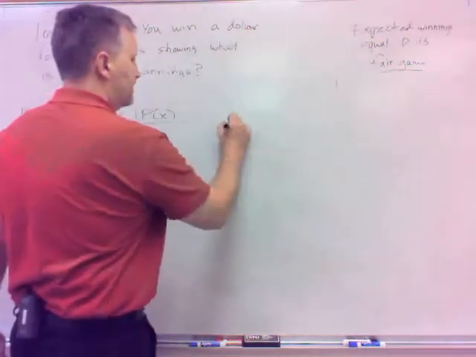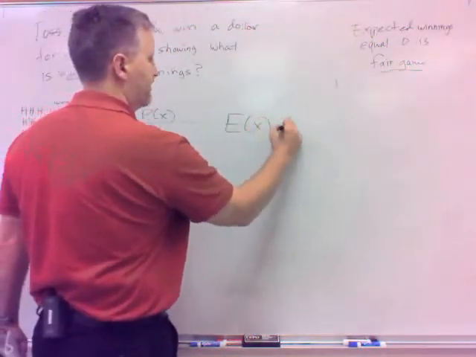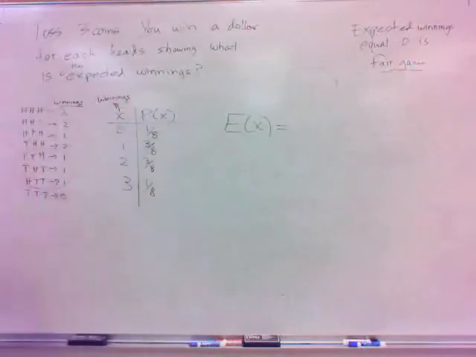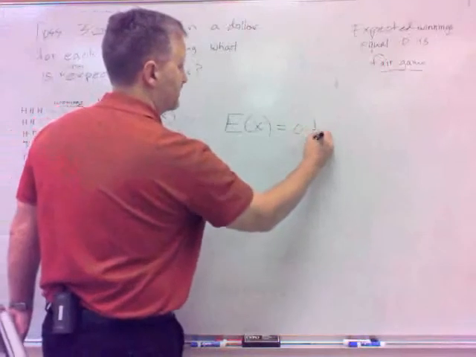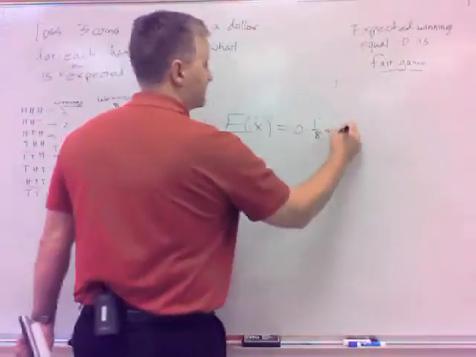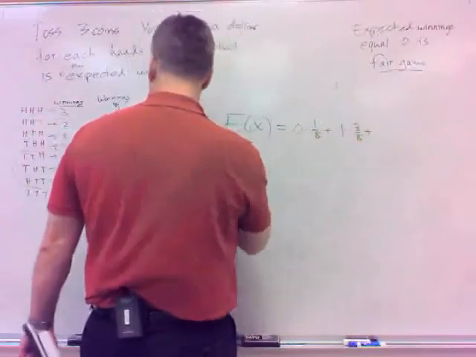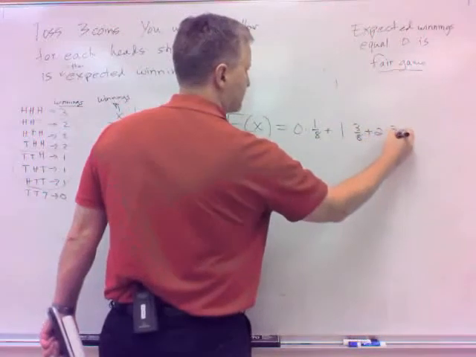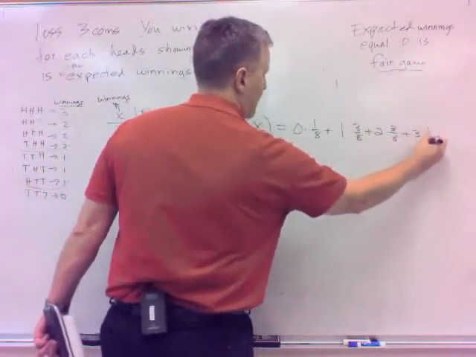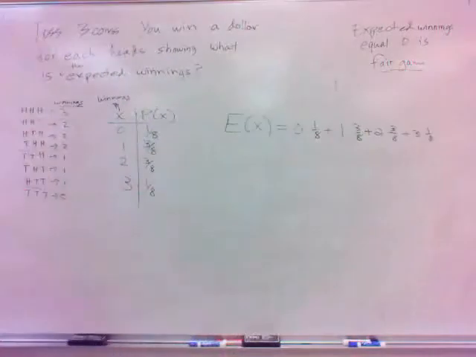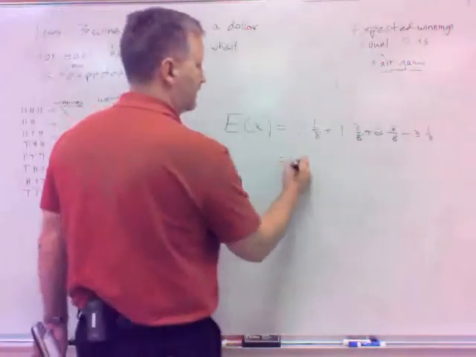Okay, so now we want to do the expected value of the winnings. So once I get my table, all I have to do is multiply. Multiply 0 times 1/8, 1 times 3/8, 2 times 3/8, and 3 times 1/8. And add those together. So what does that give me? Well, that's 0.